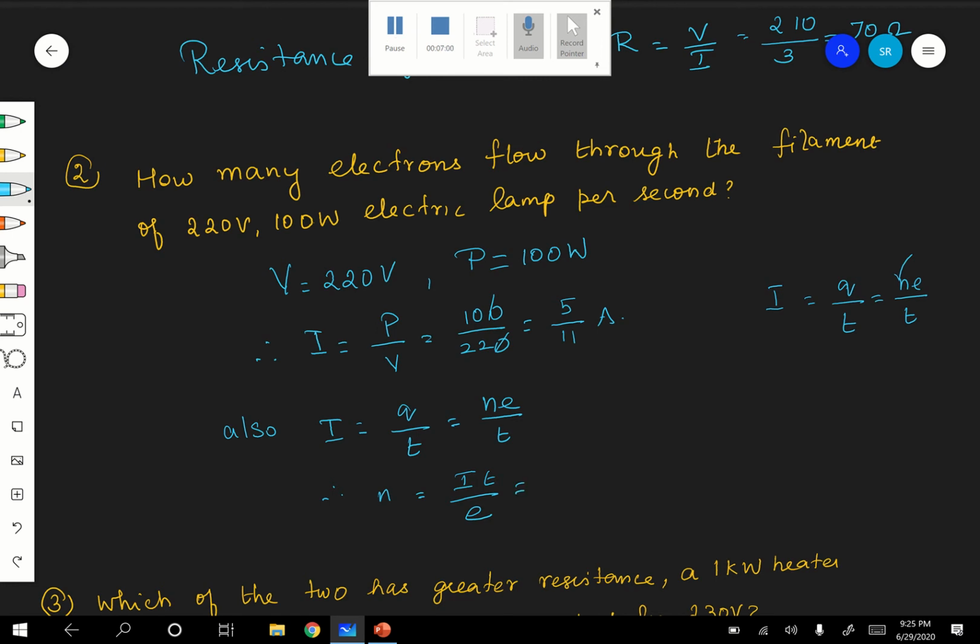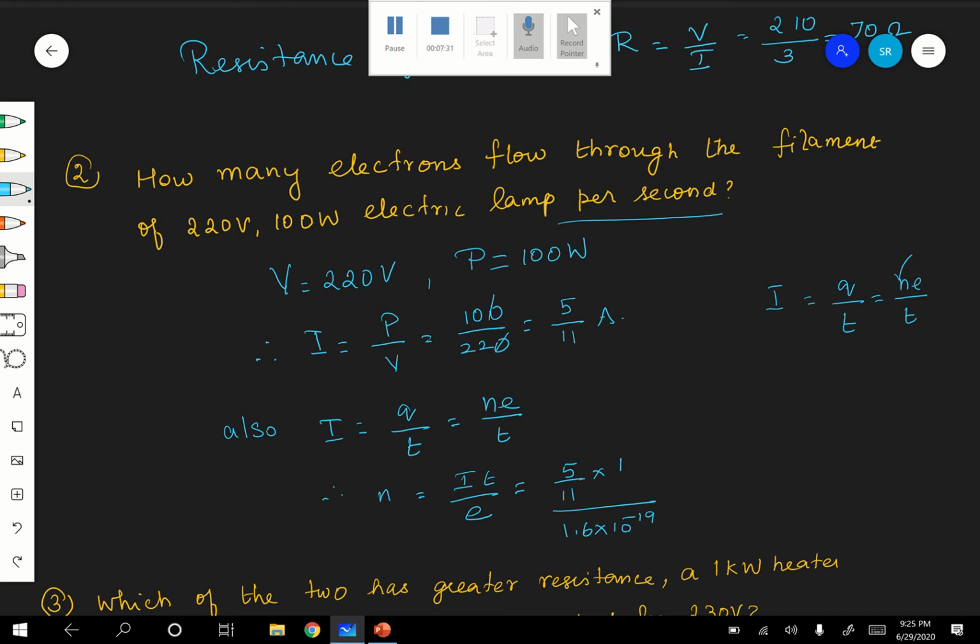Therefore, your I is equal to 5 by 11, into T. T is per second, as asked: how many electrons flow through the filament per second? So the time is equal to 1, divided by E. E is 1.6 into 10 power minus 19.